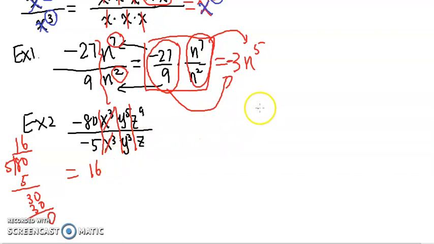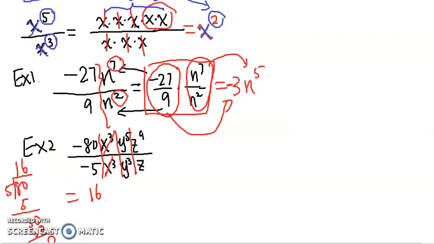But what if I use the formula? What am I going to get? The formula tells us to subtract the exponents. So we do 3 minus 3, that gives us 0. So it seems like we got a different answer, because if you cross them out, you get 1, but if we use the formula, we get x to the 0. So here's something we need to memorize.